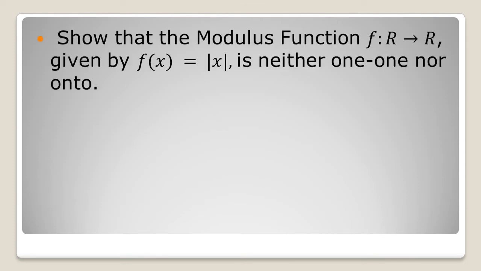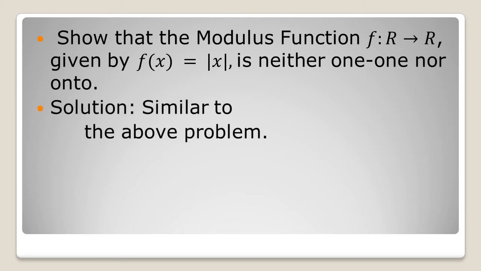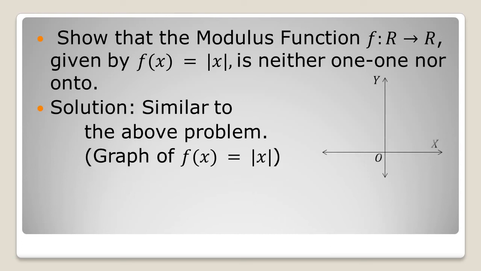The next function is the modulus function. It is defined from the set of real numbers to the set of real numbers. We need to show that it is neither 1-1 nor onto. It is actually similar to the other problem given to you. You can see how it is similar. You can see the graph of the modulus function. It entirely lies above the x-axis, and this shows that, for example, for two real numbers minus 1 and plus 1, the values of the function will be the same.